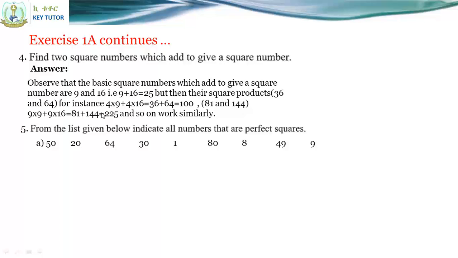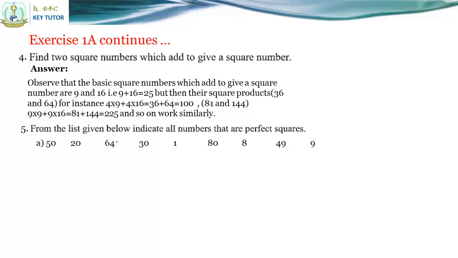From the list given below, indicate all numbers that are perfect squares. Now it's time for us to practice concerning perfect squares. Obviously 50 is not a perfect square, 20 is not a perfect square.